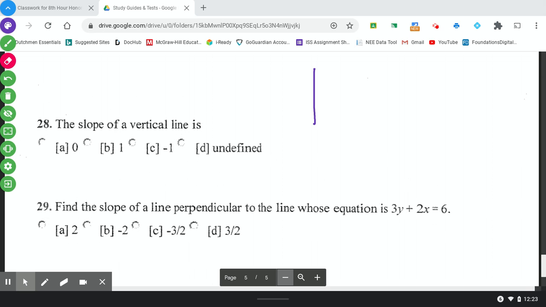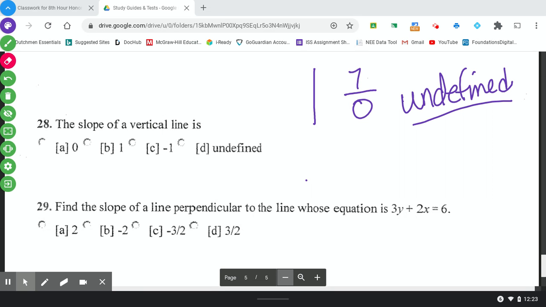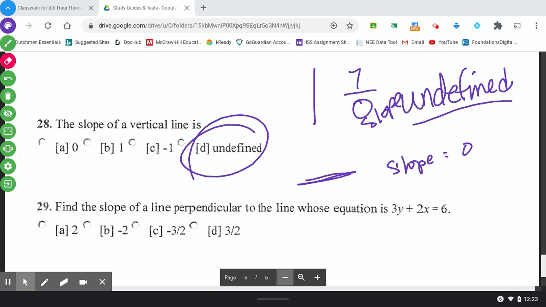So that means it has some sort of a number, let's just say 7, going up and down and no side to side. So that means that if the 0's on bottom, it is undefined. Okay, so vertical line slope is undefined. A horizontal line, the slope is 0. Okay, and this slope would be undefined, right?